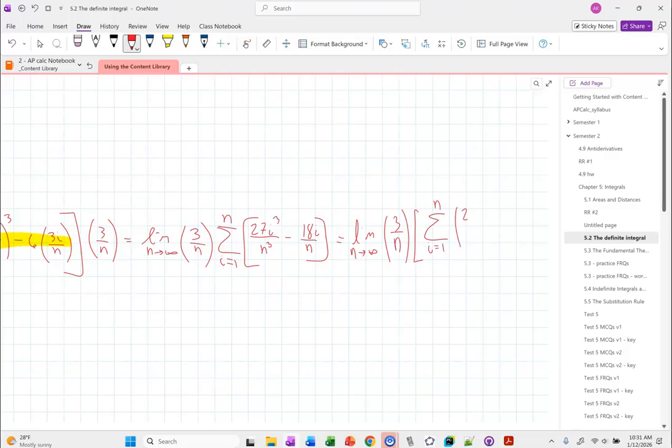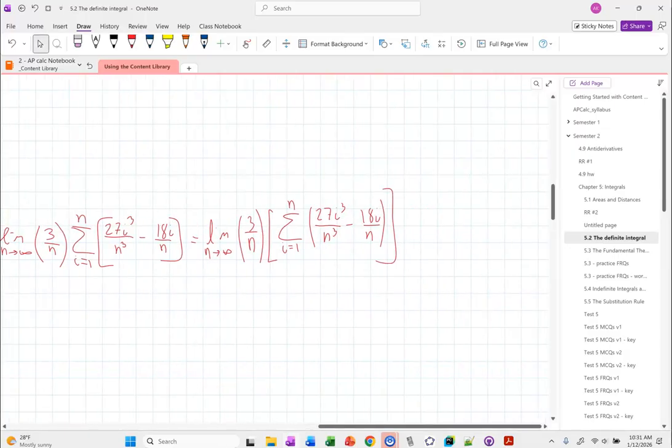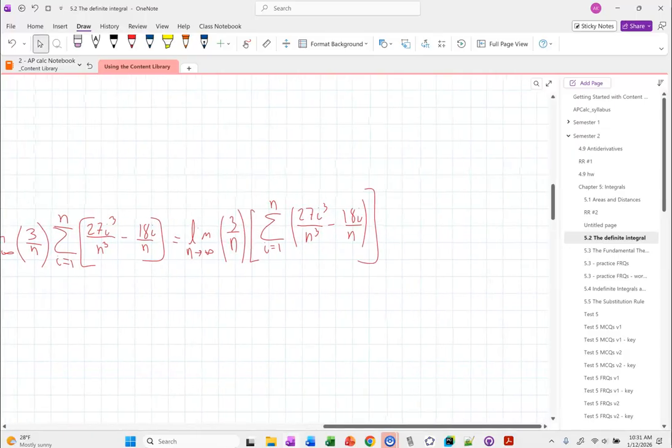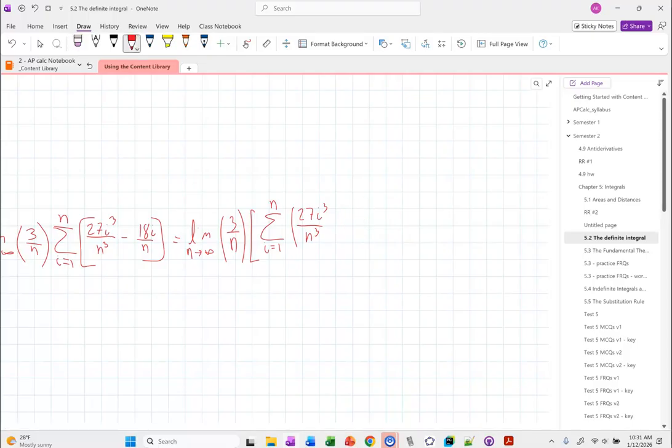Oops, that should be 27i cubed, excuse me. So I distributed the summations.